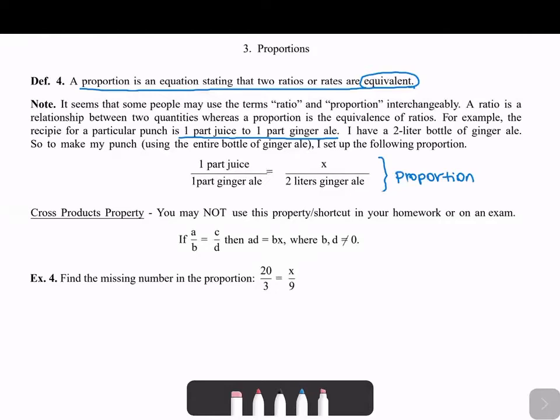So one thing that a lot of people would do at this point, and what a lot of people have been taught to do at this point, is to use the cross products property, or butterfly method, however you want to call it, where you say, okay, I want to multiply the top thing on one side and the bottom thing on the other side, and do the same thing the other way, the bottom thing and the top thing, and then you get a different equation.